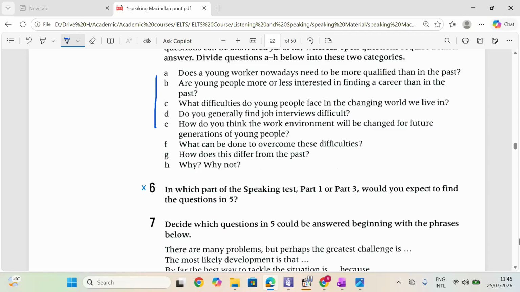Okay, so I'm answering letter B. Are young people more or less interested in finding a career than in the past? I think young people are just as interested in building successful careers as previous generations. But their priorities have changed. Many of them want jobs that provide good salaries, financial security, and opportunities for career growth.